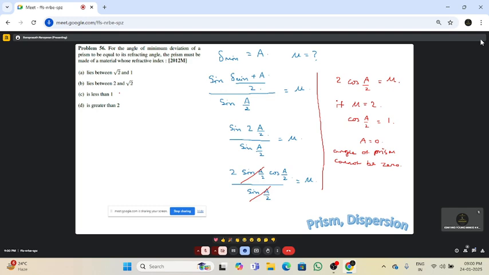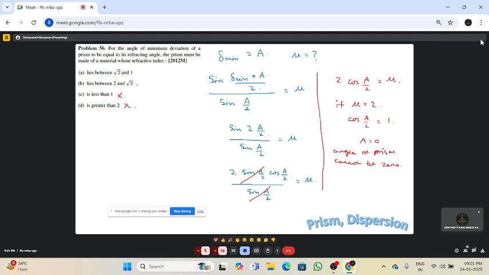Less than 1, refractive index cannot be less than 1. So I'm going to eliminate this. It's greater than 2. If I put greater than 2, listen carefully. Suppose if I take 3, I will get 3 by 2, which is 1.5. You know from your maths basics, sine and cos cannot take value beyond 1. That means mu cannot take value beyond 2. So greater than 2 is eliminated.